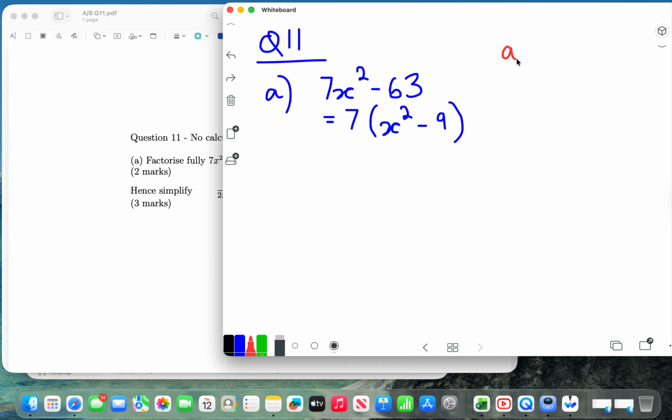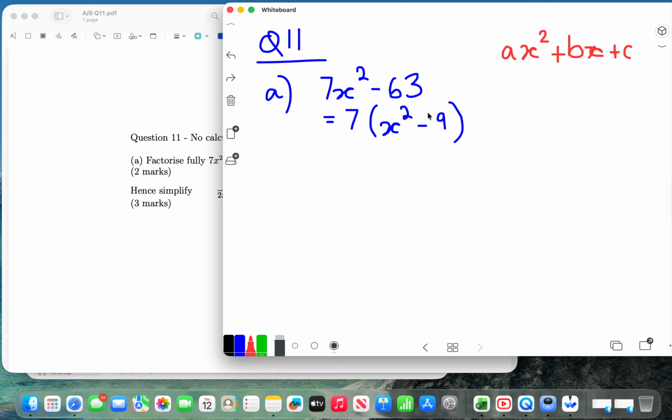Now a trinomial will be in this form. The important thing in this case is that you need A and B to not be equal to 0. So they cannot be equal to 0.